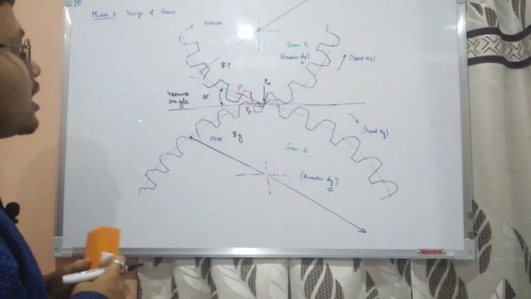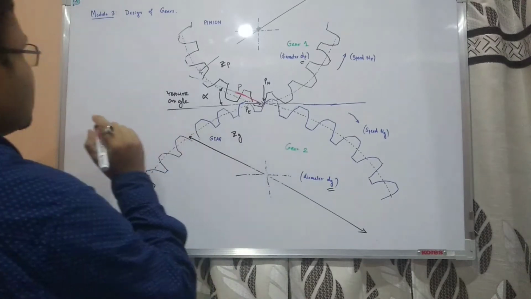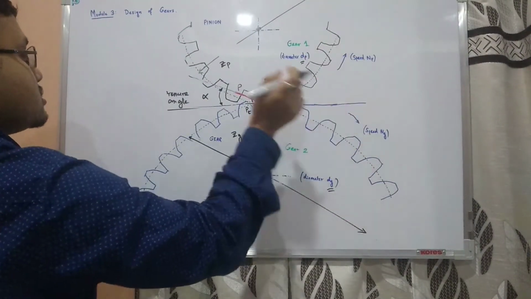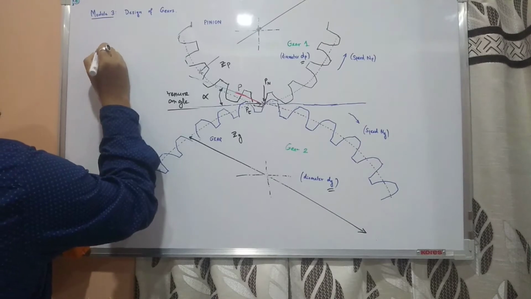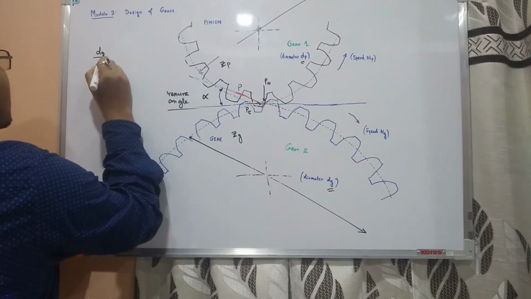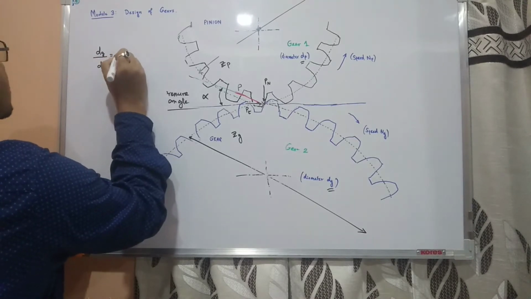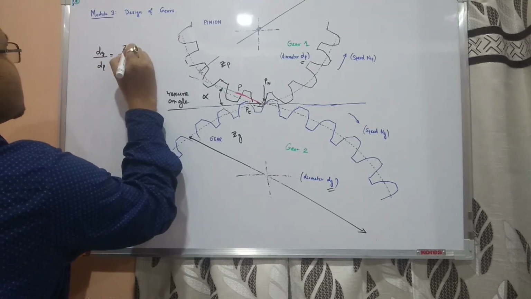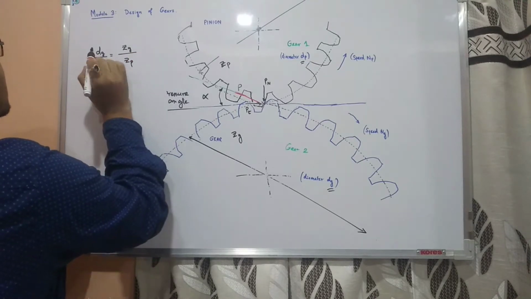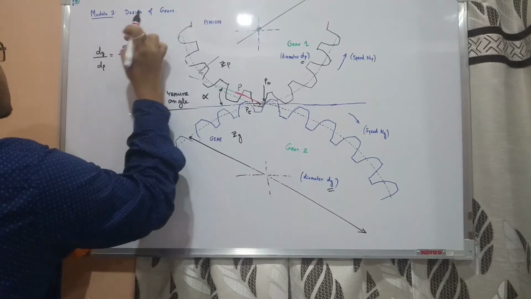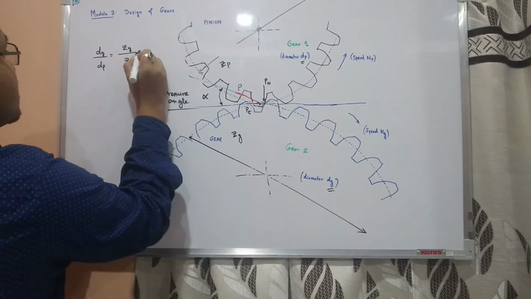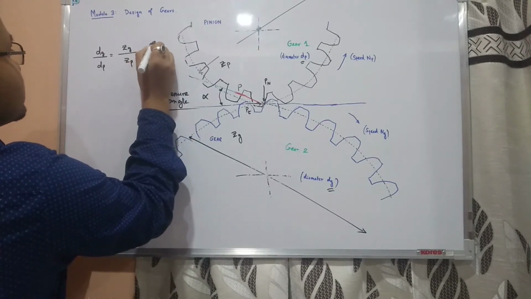So when we find the ratios, say the speed of the pinion is faster, we have to find the ratio between the diameter of the gear and the diameter of the pinion. Obviously, the number of teeth is proportional: when the gear diameter increases, teeth also increase; when the diameter decreases, teeth decrease. So they are directly proportional, but the speeds are inversely proportional.